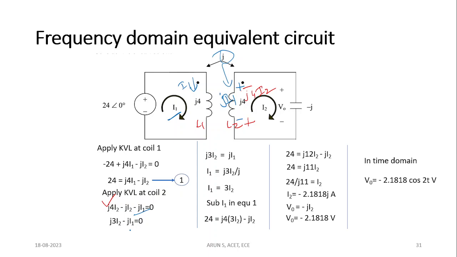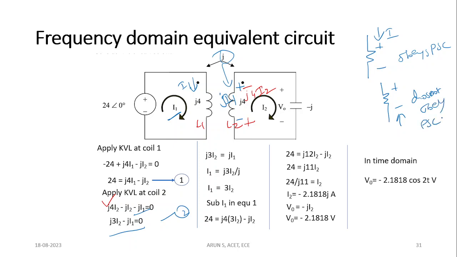I can rearrange it like this. So I got two equations, 1 and 2. Here I am always saying passive sign convention. If you don't understand it, remember one thing: for a plus-minus element with current I, if current I enters positive and leaves negative, it obeys the passive sign convention. If it enters negative and leaves positive, it does not obey.